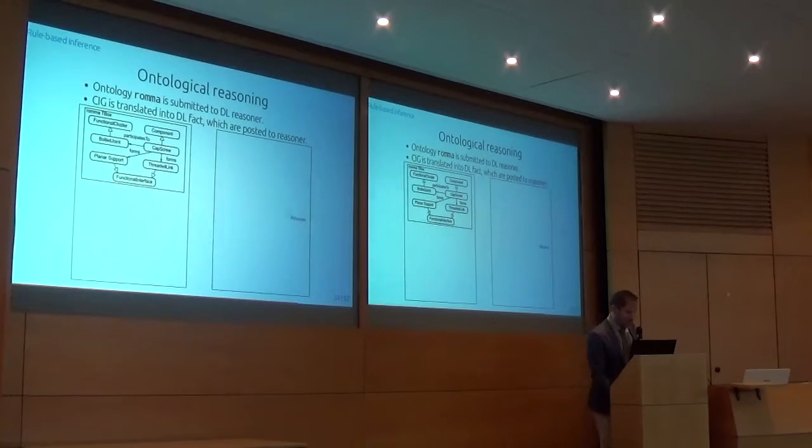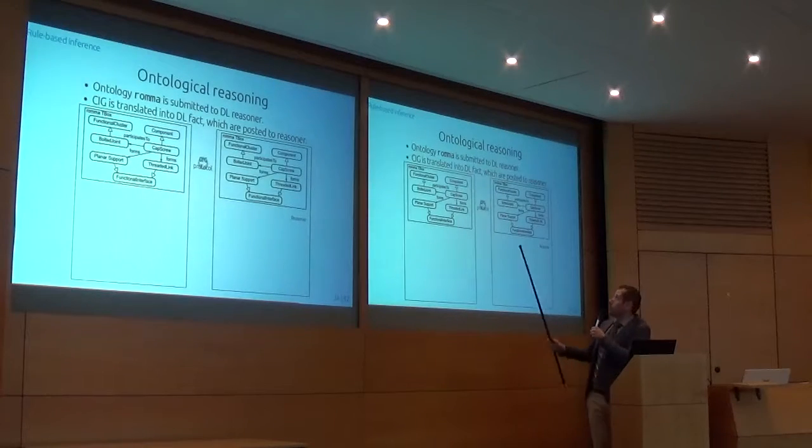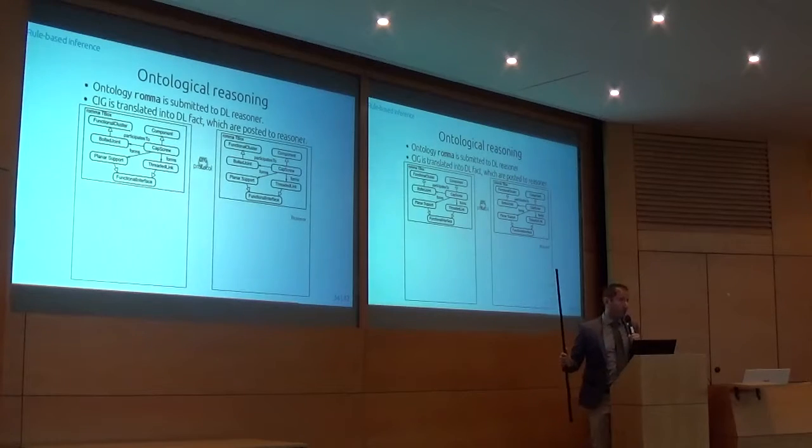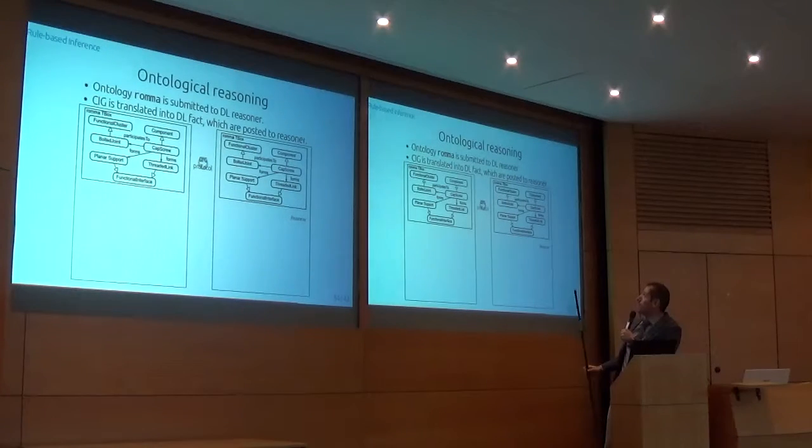Now, to give an idea about how reasoning is done, this scheme shows the process in general. So the Roma ontology is defined here. Then it is submitted to the reasoner using DIG protocol to constitute the T-box of the knowledge base.